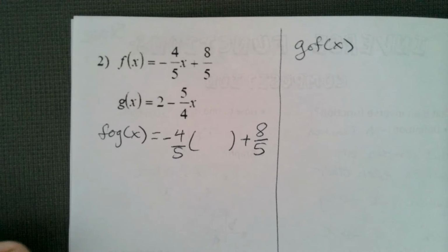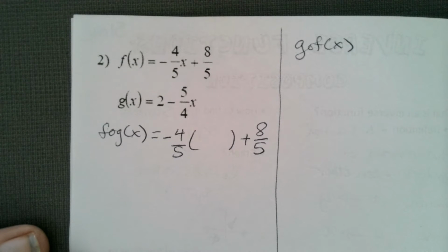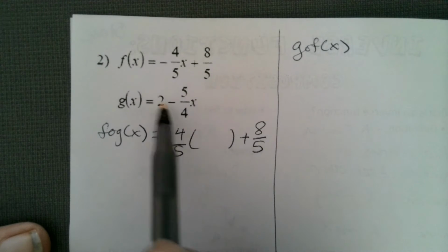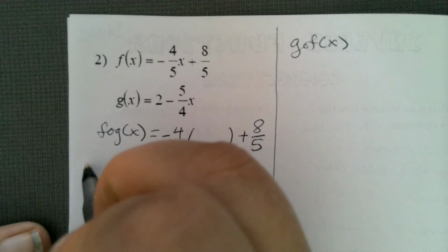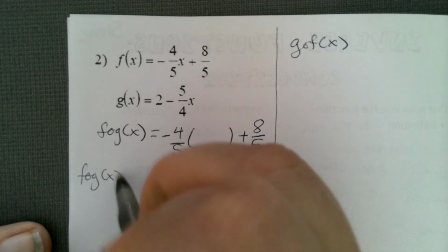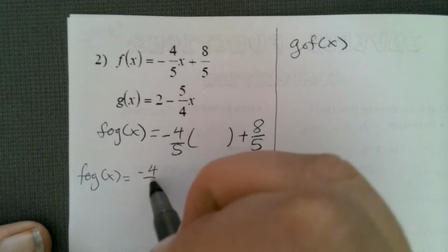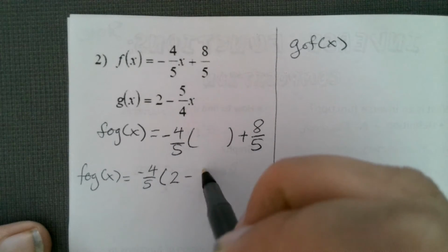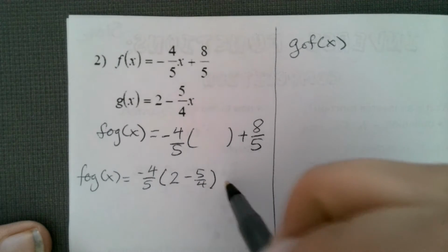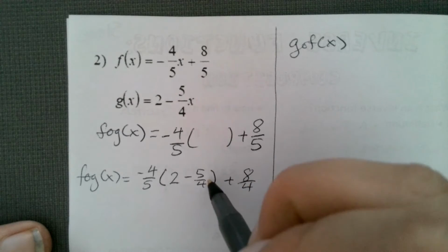Ben, do you know what we're going to put inside those parentheses? Perfect. The other equation, 2 minus 5/4. I'm sorry, I forgot the x.